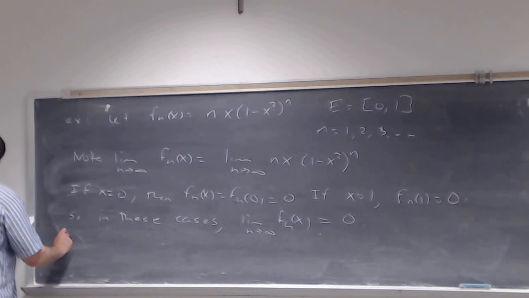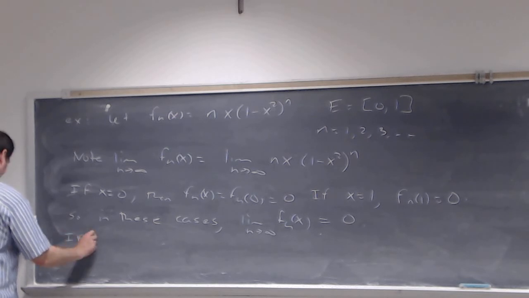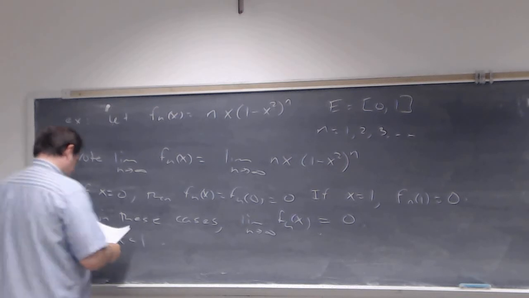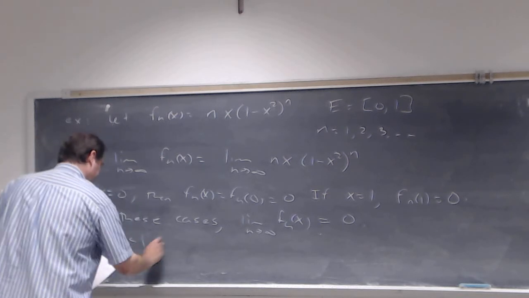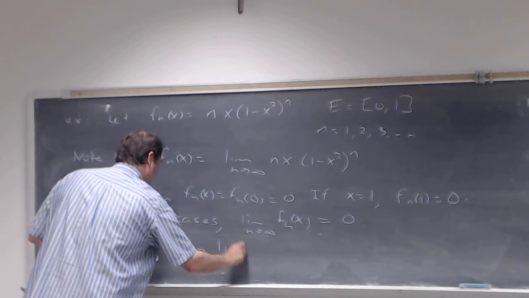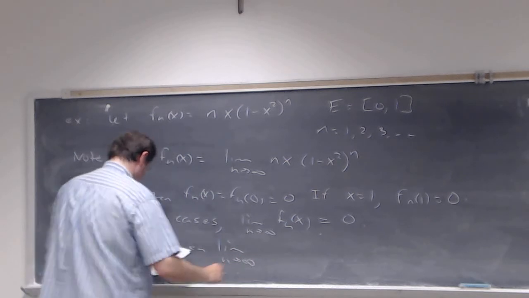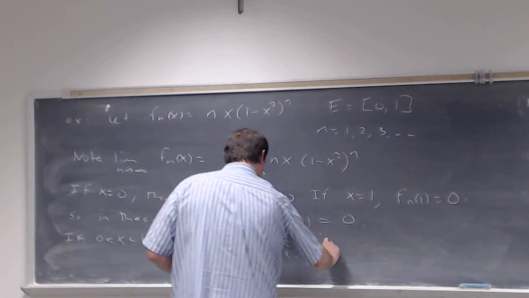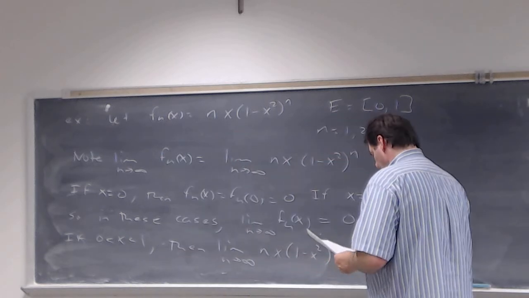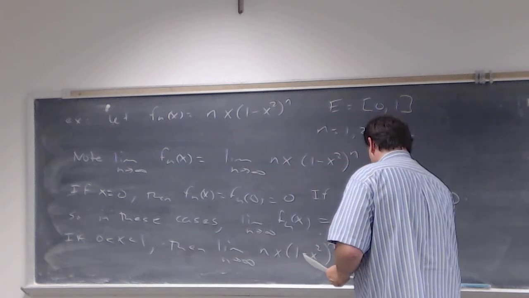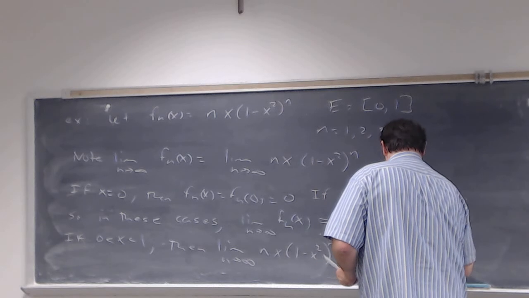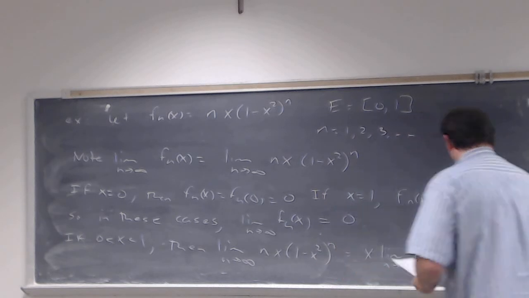Now, if 0 is less than x is less than 1, the other cases that we could have, okay, then we're looking at the limit as n goes to infinity of n times x times 1 minus x squared raised to the n, in which we pull out the x because it's constant with respect to n, and this is what we get.